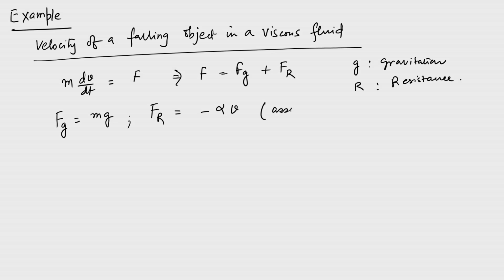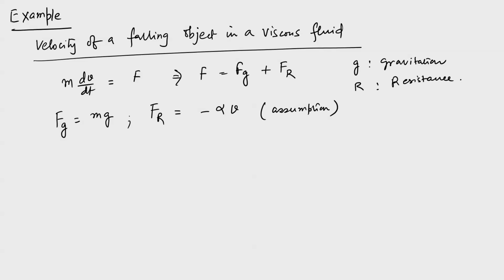So, this is an assumption. This is the most simple assumption that the resistive force that the body experiences while traversing through the viscous fluid is proportional to the velocity. It could be velocity square or even larger power of the velocity. But for small viscosity, that is when we talk about normal fluids, we usually take it as a single power of v.